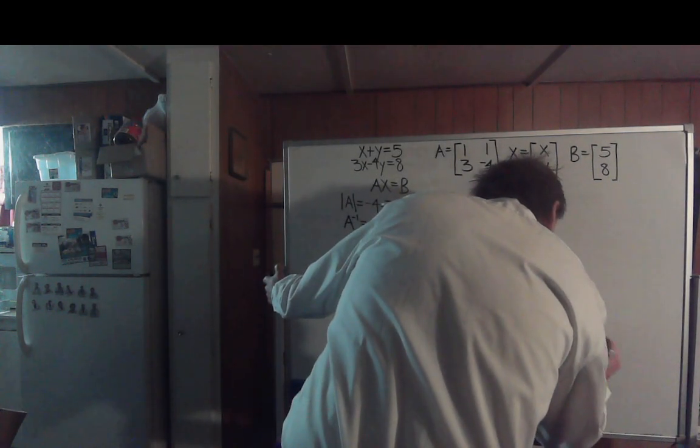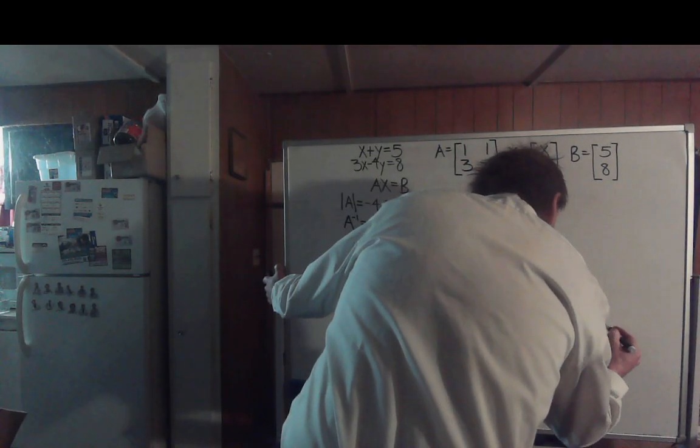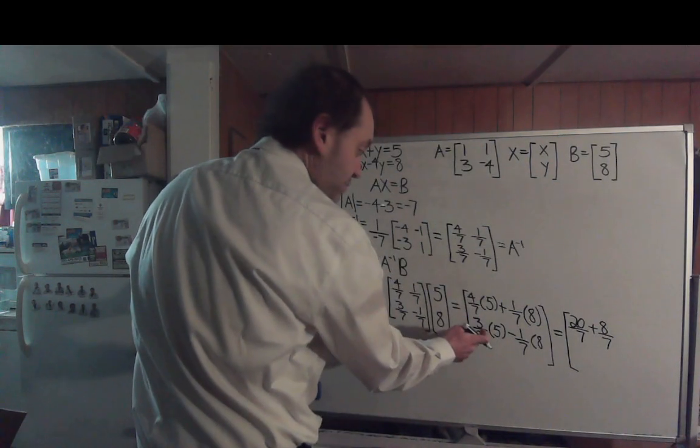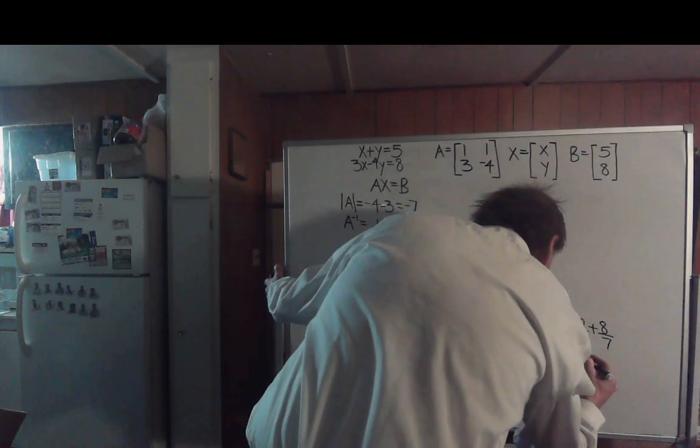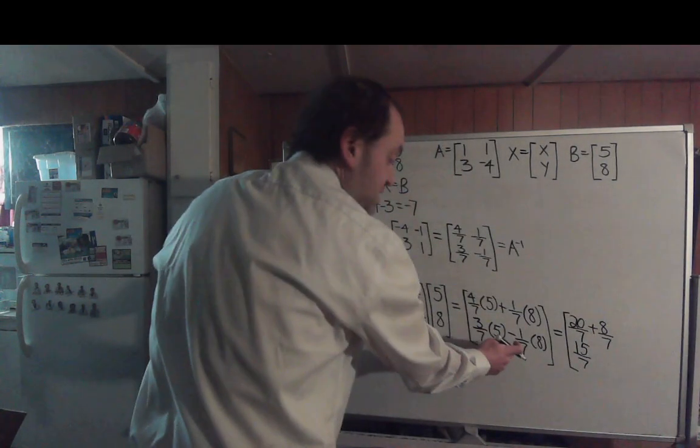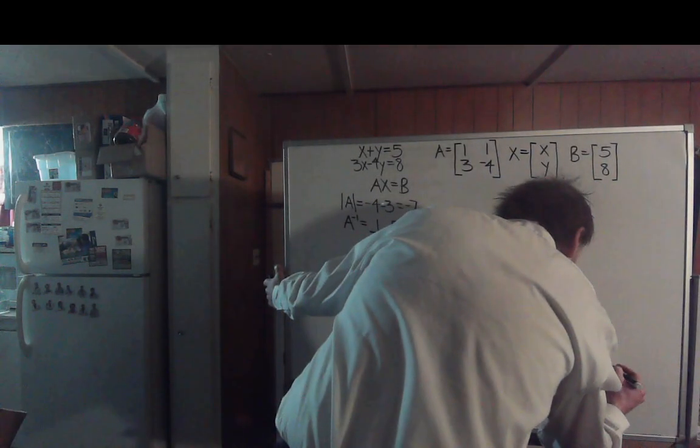Which would end up then giving you, let's see here, 4/7 times 5 is 20/7 plus 8/7. Then the second row, 3/7 times 5 is 15/7. Minus 1/7 times 8, that'd be minus 8/7.